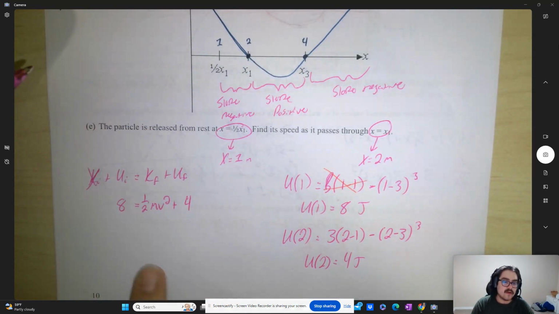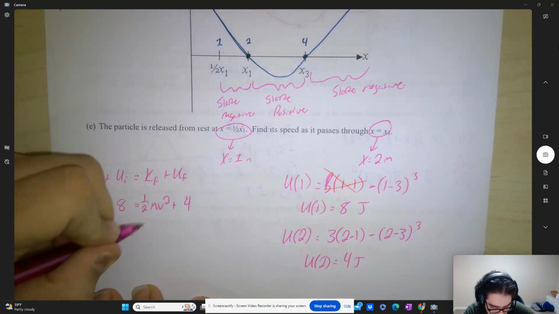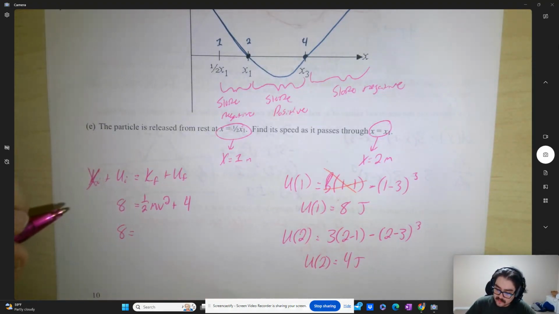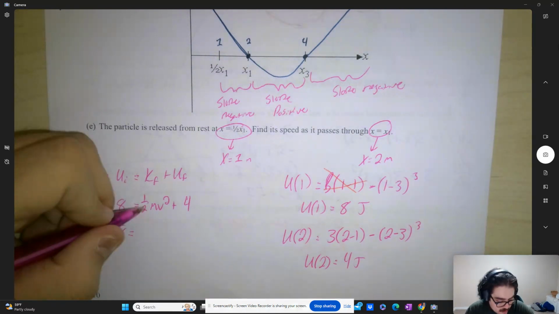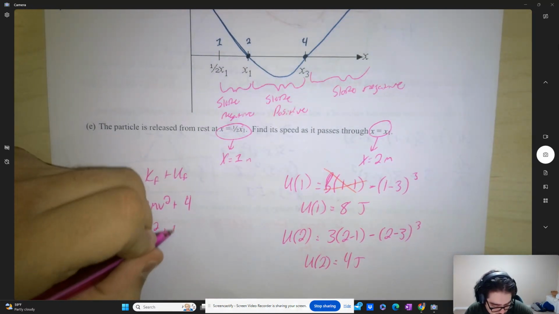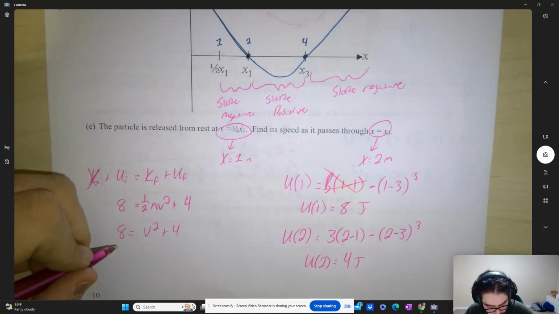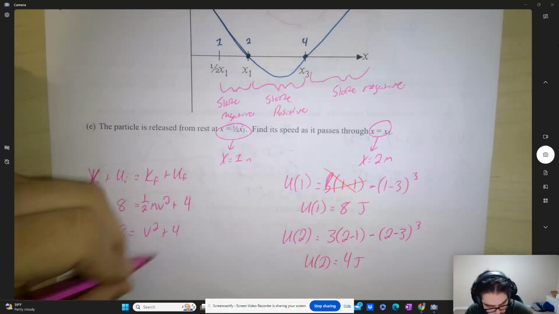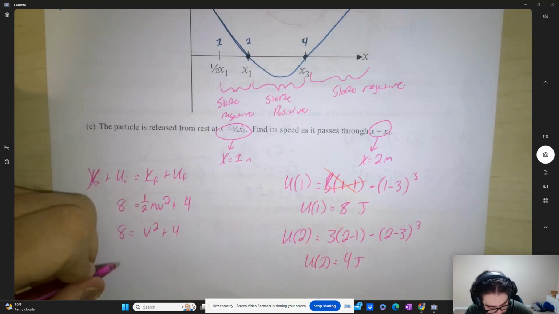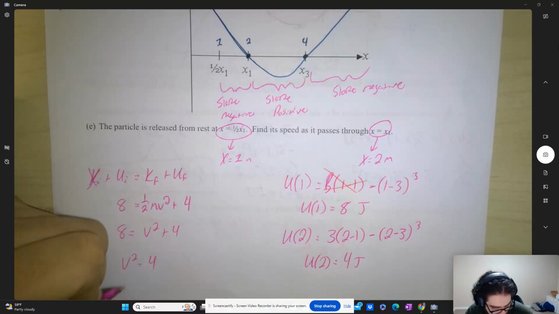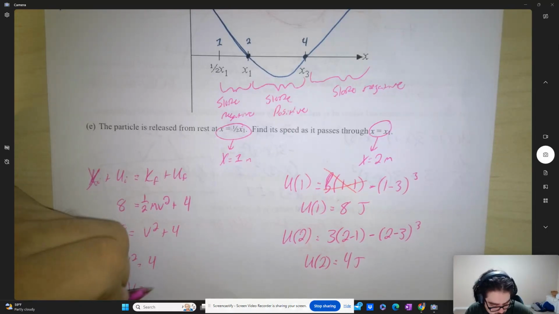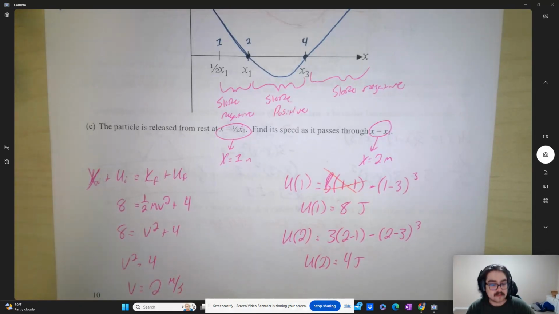Now I know everything in here. This is going to be 8, equals 1/2 times the mass of the particle. What's the particle? It's 2 kilograms. That's just going to be 1, so it's v squared plus 4. When I subtract the 4 here, this becomes v squared equals 4, and you should see that v is going to be equal to 2 meters per second.